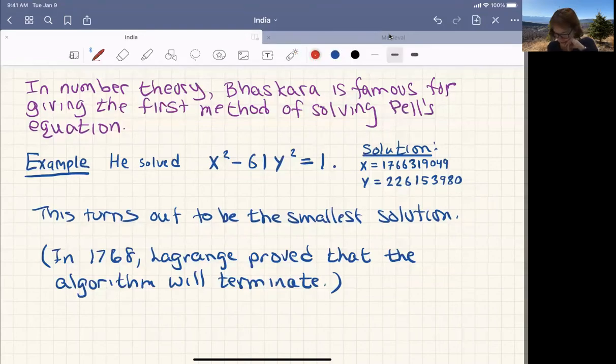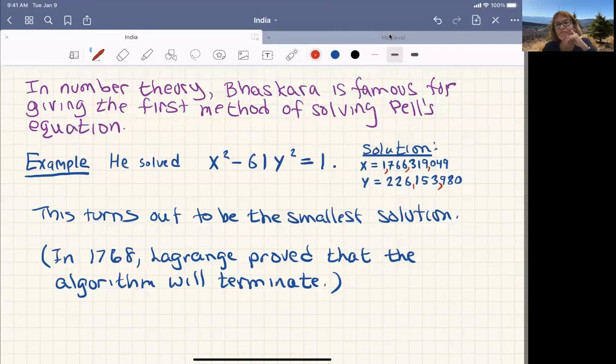Let's see. I'm going to add commas just to make it easier to read these numbers. Okay, so the solution to this equation, x squared minus 61 y squared equals 1, is x is 1,766,319,049, and y is 266,153,980.